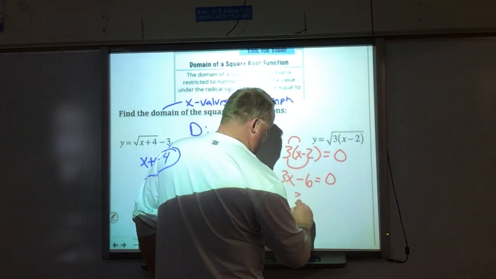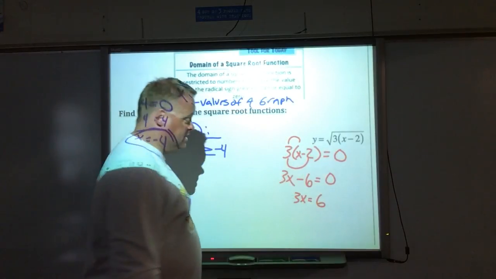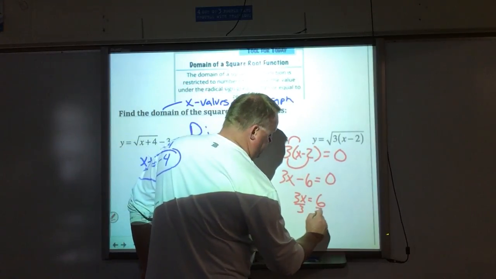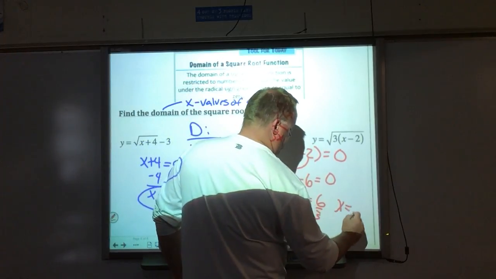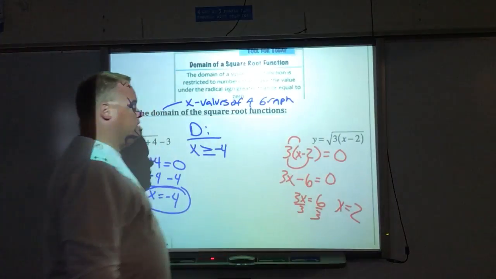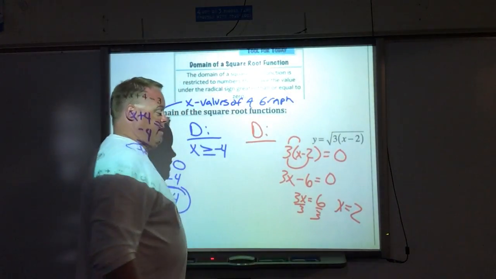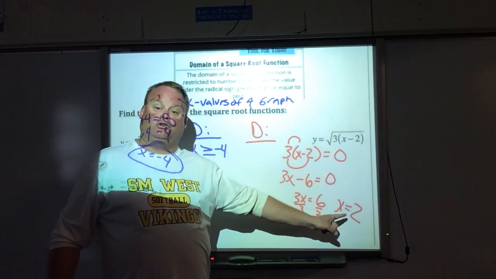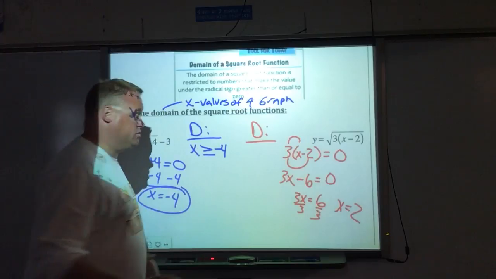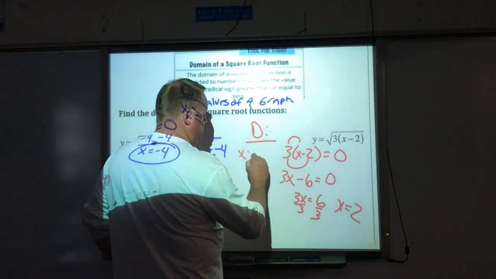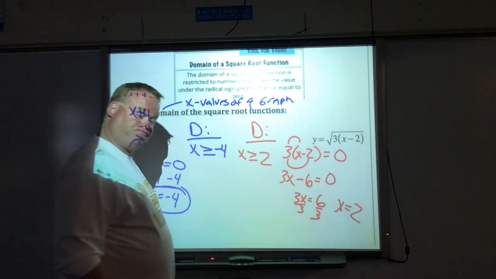Add 6 to both sides, so 3x is equal to 6. Divide by 3, and x is equal to 2. So my domain has to include 2, but it's also going to be greater than 2. So x is greater than or equal to 2.